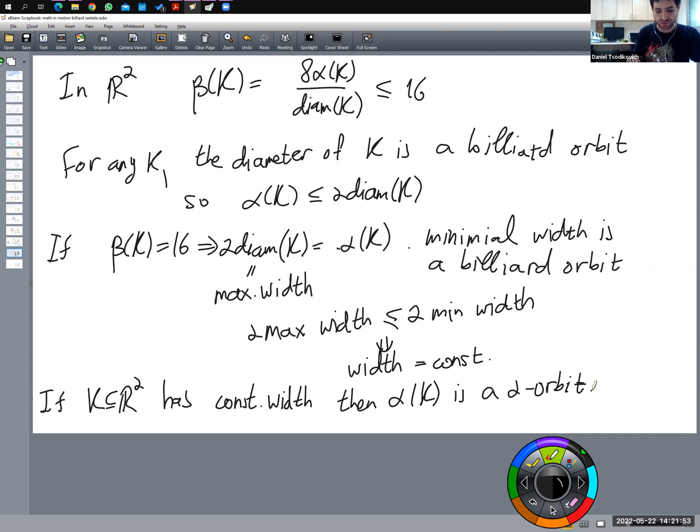And then the minimal width is the same as the diameter. So in this fraction, we will just get 16. So then beta K is 16. And so this is about the global maximizers of the billiard product.